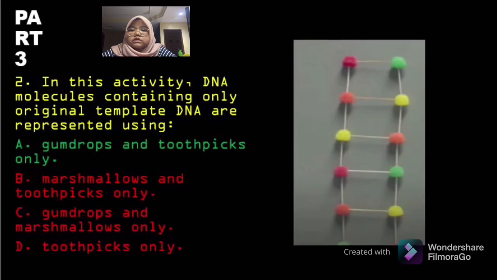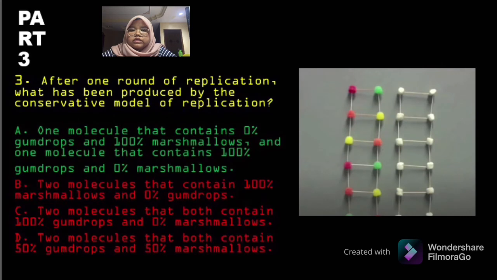So, second question, in this activity, DNA molecules containing only original template DNA represented using A, gumdrops and toothpicks only. So the third question, after one round of replication, what has been produced by the conservative model of replication? So the answer is A, one molecule that contains 0% gumdrops and 100% marshmallows, and one molecule that contains 100% gumdrops and 0% marshmallows.